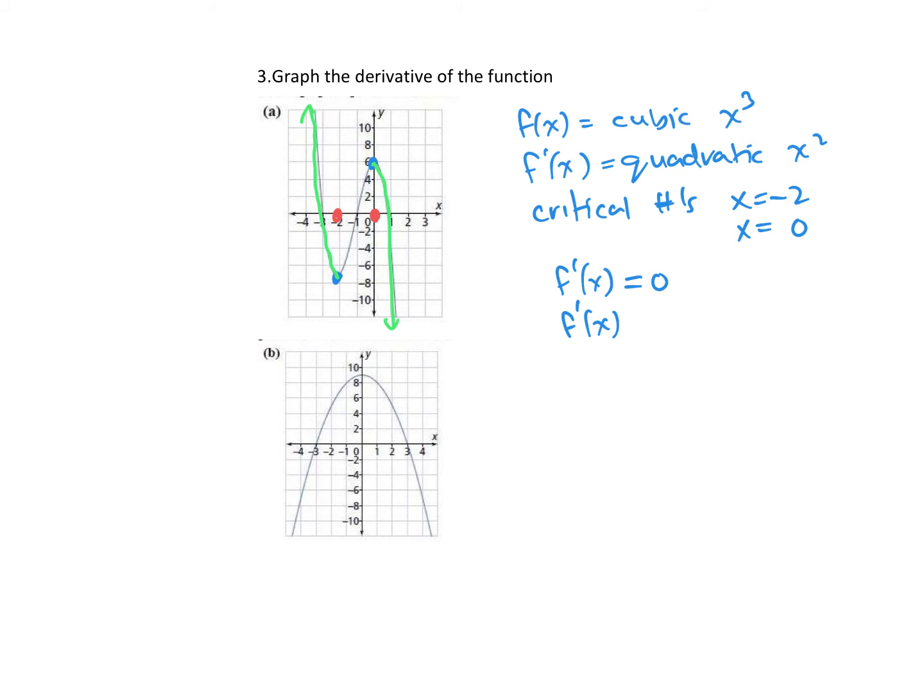So the slope of the tangent is going to be negative when x is less than -2 and when x is greater than 0. And then the slope of the tangent would be positive between -2 and 0, because the line's going up.